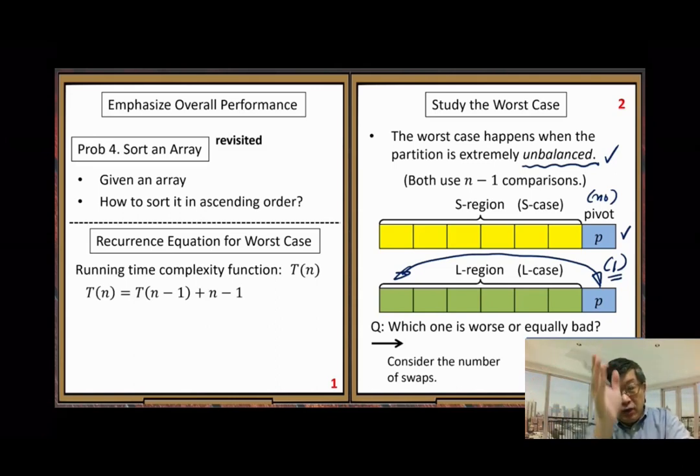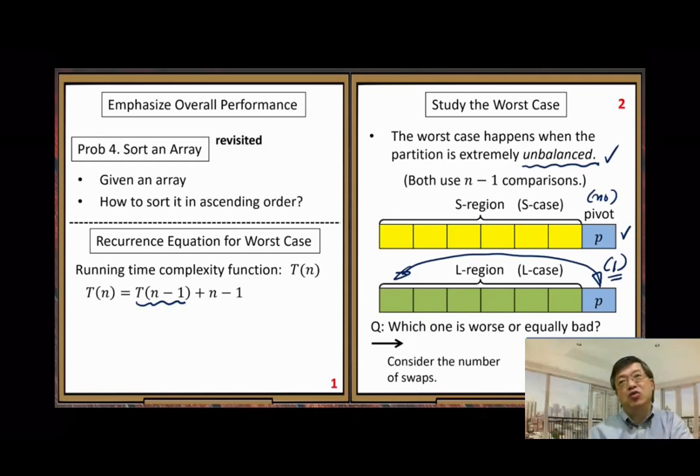Then after one partition, you get that extremal case, you just reduce the array size by 1. So you need to solve a problem with the size n-1, one less than n, okay?